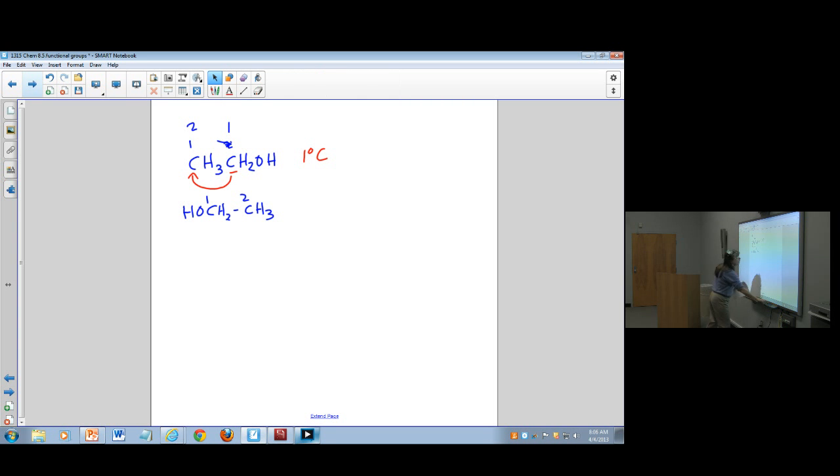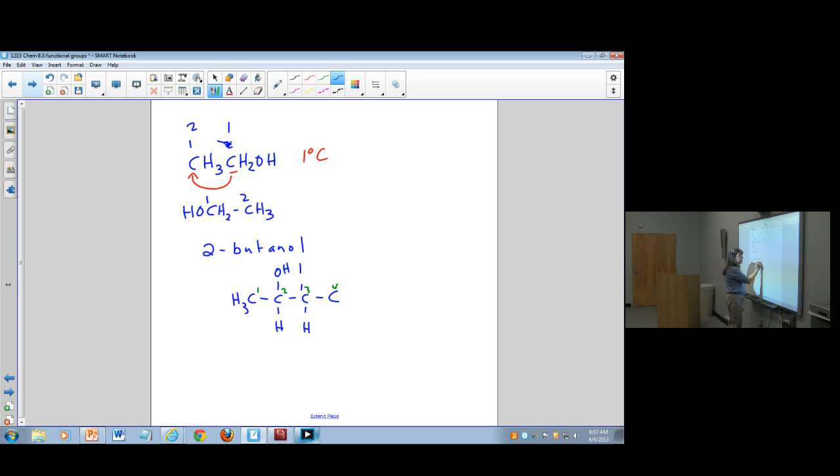What about something like 2-butanol? Well, in this case, I've got a 4-carbon chain, and I'm told that my alcohol group is at this carbon 2. Let me number these just to be good. And so when I add in the hydrogens to make this fully saturated, I end up with a structure that looks like this.